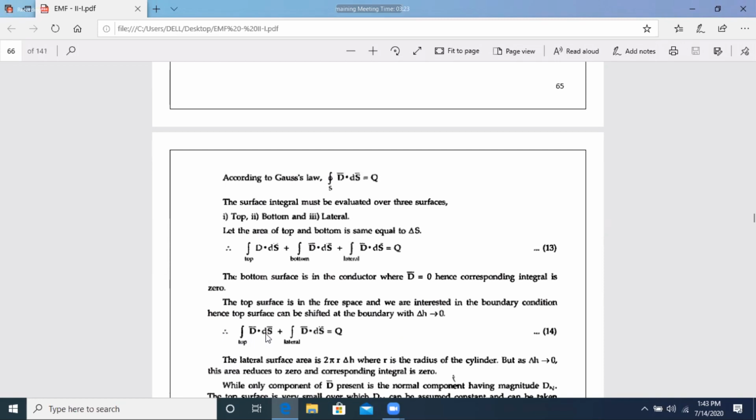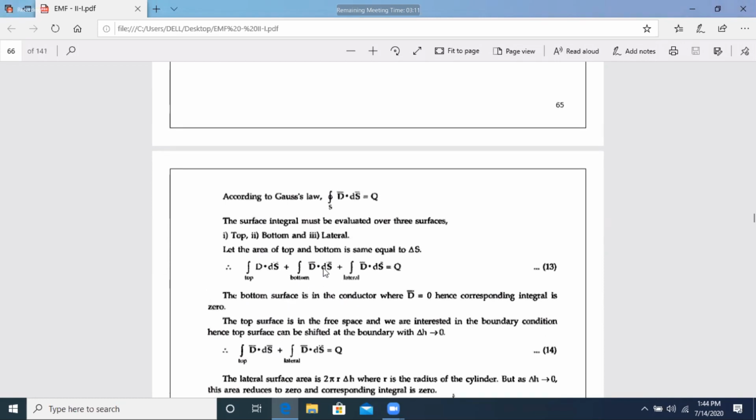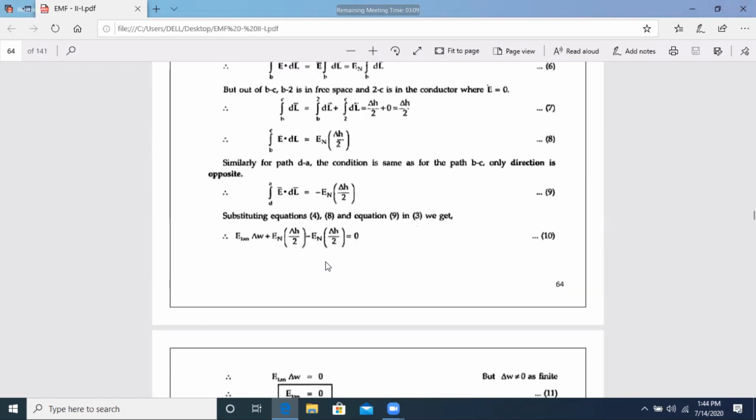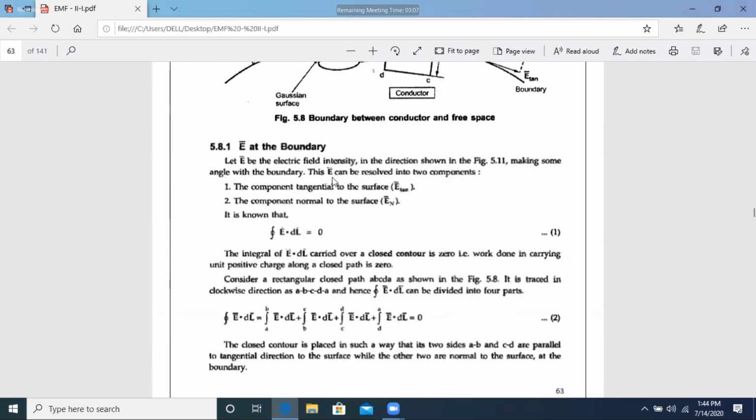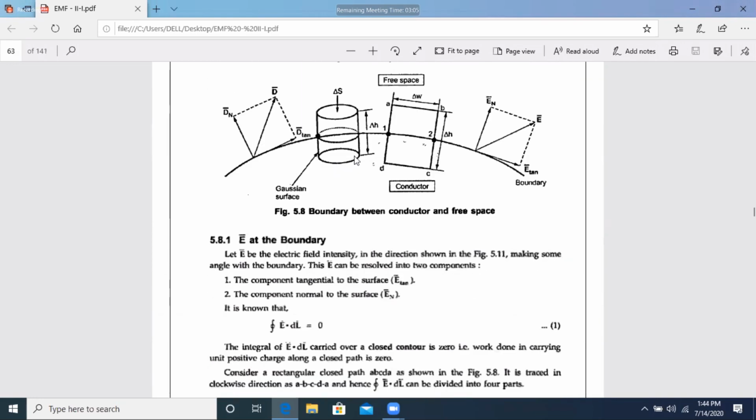So D dot dS at the bottom surface is in the conductor, so we already said D there is 0.